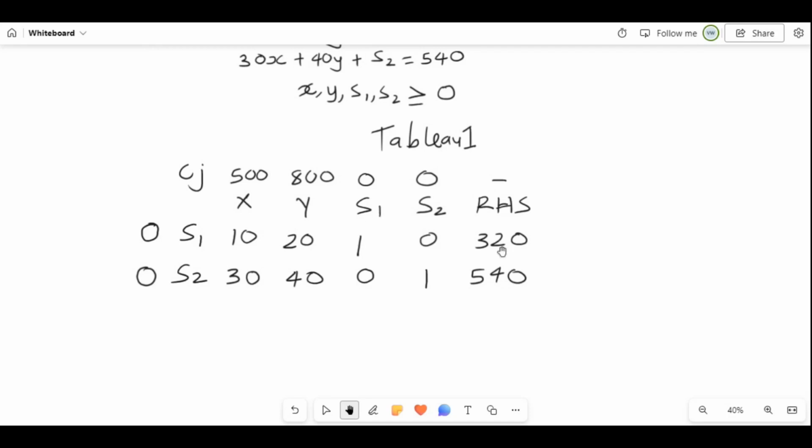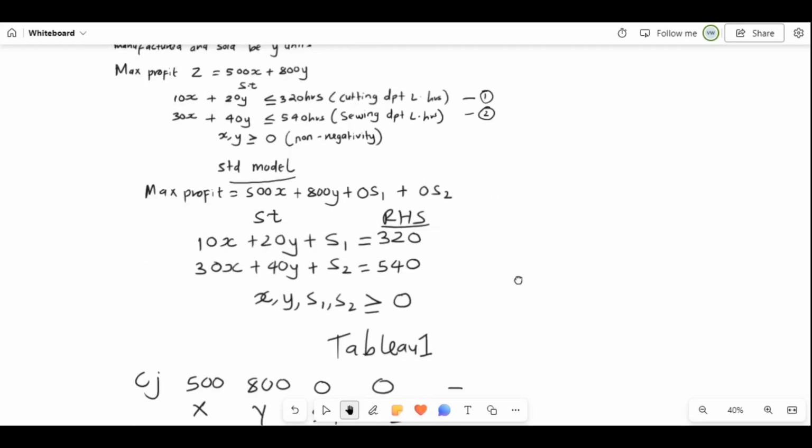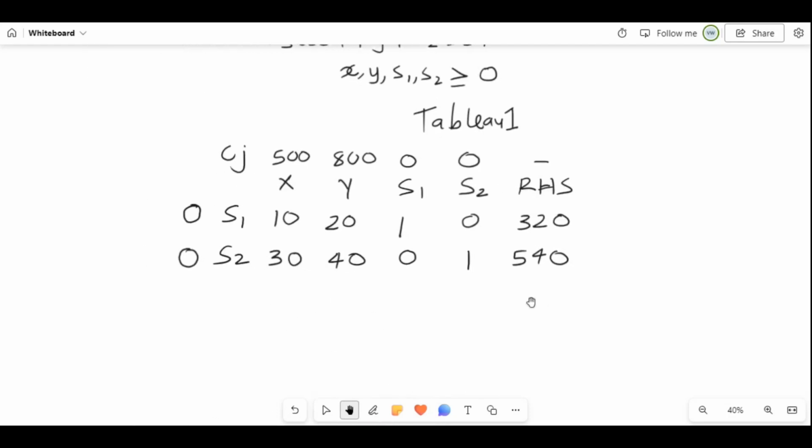If I connect S1 with 320, it means at this point 320 resources are available, or 320 hours from the cutting department are available and have not been utilized. If you look at S2 and connect it with 540, 540 hours are available from which department? We said from the sewing department, and they have not been utilized. And that is the whole idea.